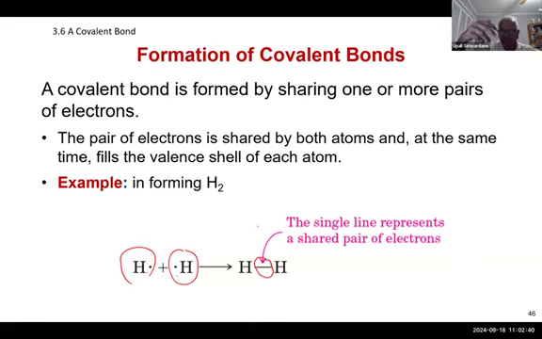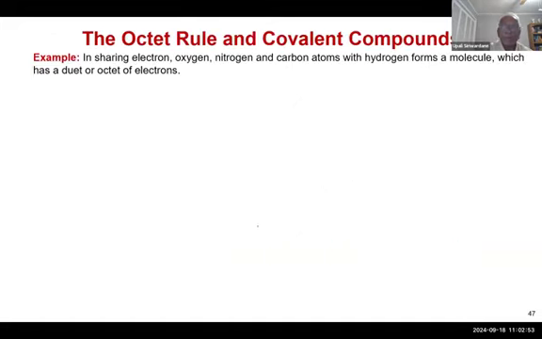They share, they don't transfer. Normally non-metals do this. Between metals and non-metals, ionic is most common. In covalent compounds, covalent bonds are formed to satisfy the octet rule. For example, water, two hydrogen and one oxygen. We know this.